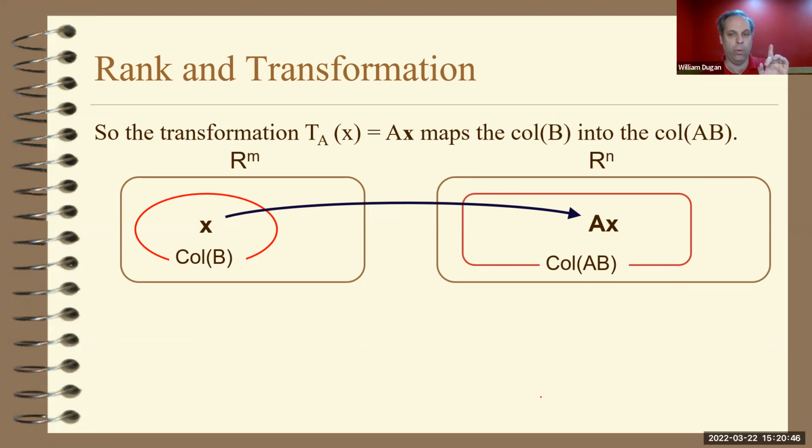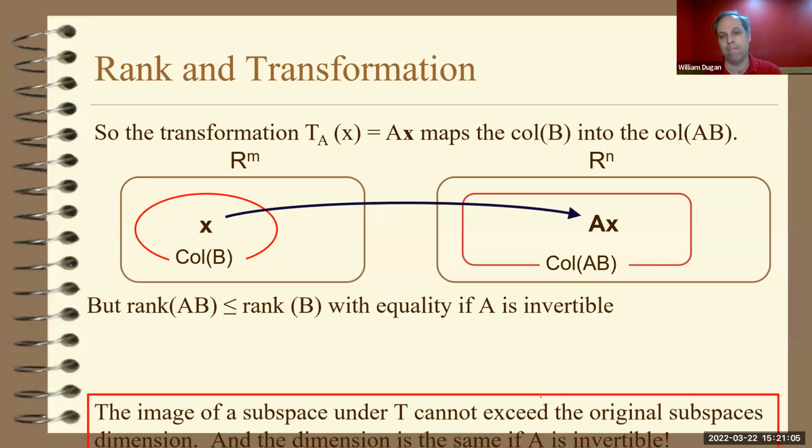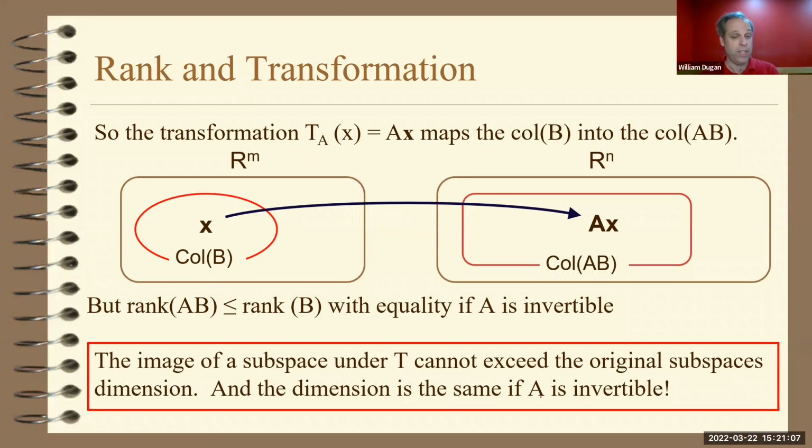We know, though, that the rank of A times B is no more than the rank of B. This then says that the rank of A times B, that's the image of this mapping, is no more than the dimension of the original space, the rank of B. So we have that nice little result: the image of a subspace under T can never exceed the original subspace's dimension.